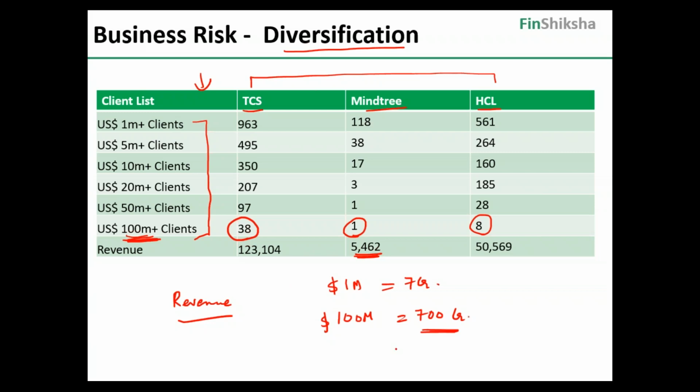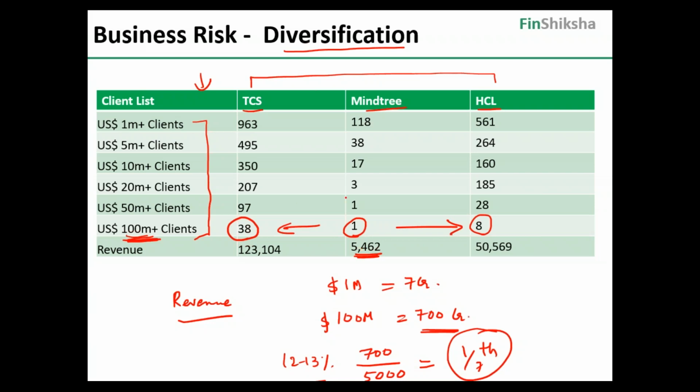One client generates almost 1/7 of the company's business, which would be around 12 to 13%. If this client goes off, huge impact on Mindtree versus TCS or versus HCL.